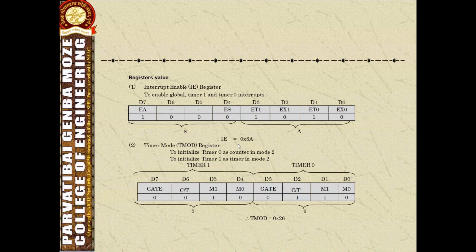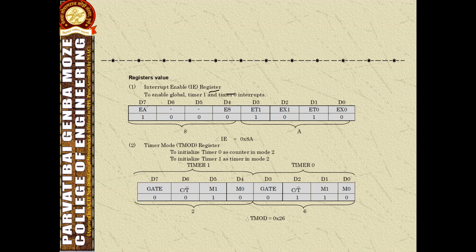Let's see how the register values for generating the interrupt have been selected. They come from the set or reset bits of these registers. The first register is the interrupt enable register, to enable the global timer 1 and timer 0 interrupts.